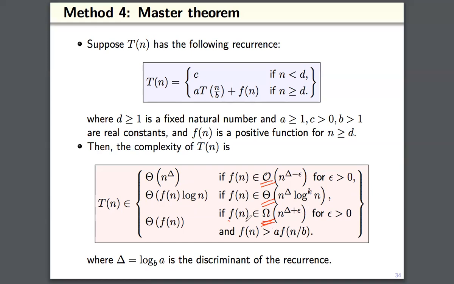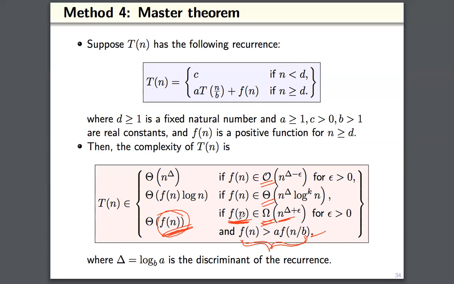That means if f of n is asymptotically greater than n power delta, then of course f of n should be the winner, right? And f of n must also satisfy one constraint, that f of n must be greater than a times f of n by b, right? We will see this constraint later.